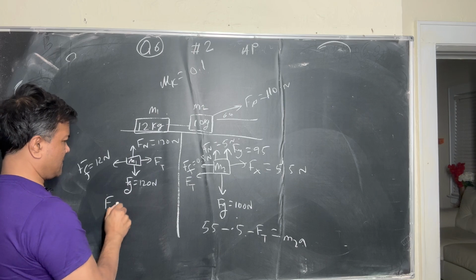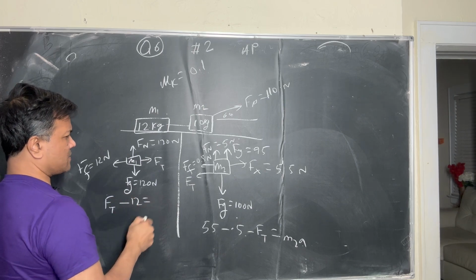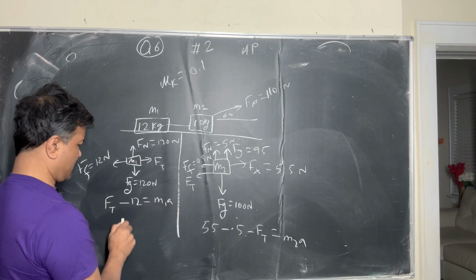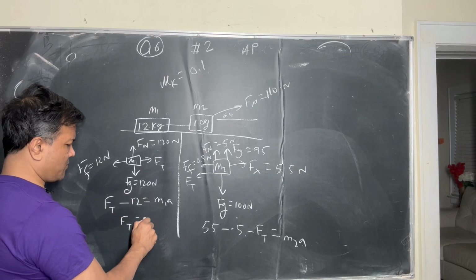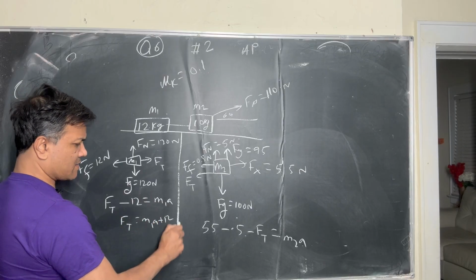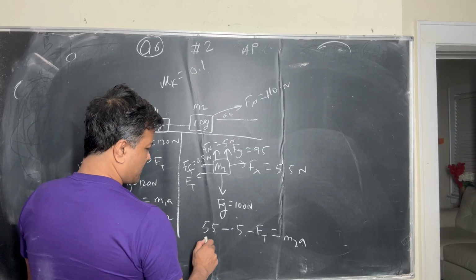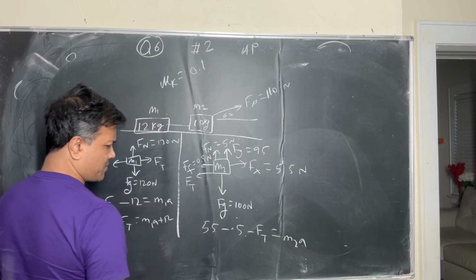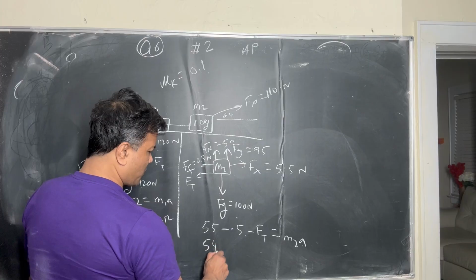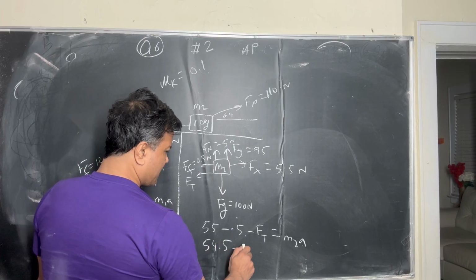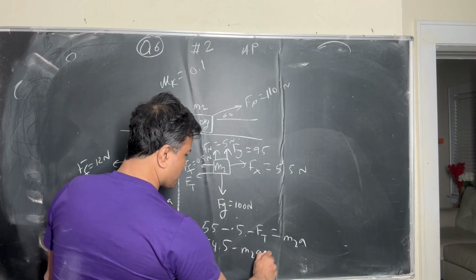Ft minus 12 is equal to M1A. So Ft is equal to M1A plus 12. 55 minus 0.5 is 54.5, minus M2A is equal to Ft.